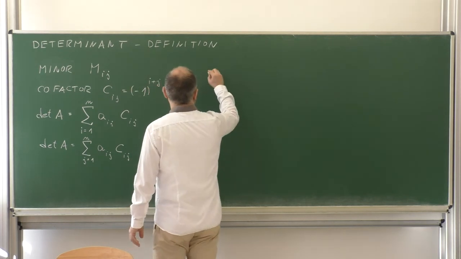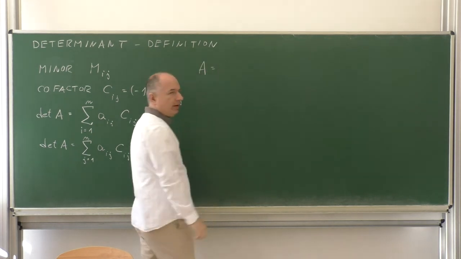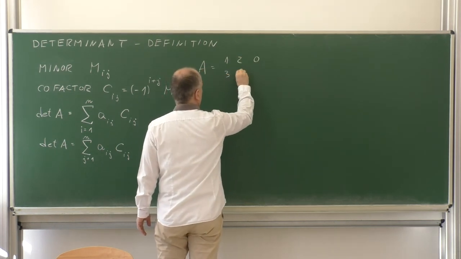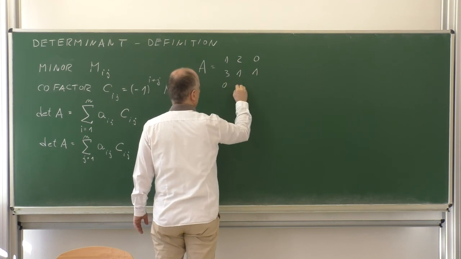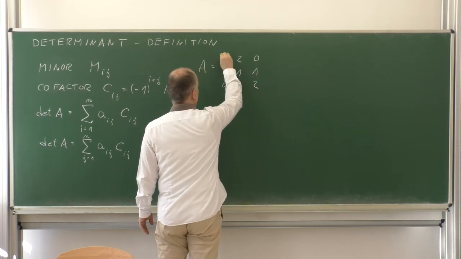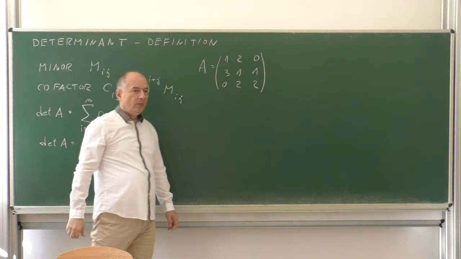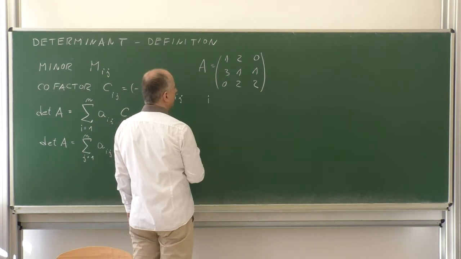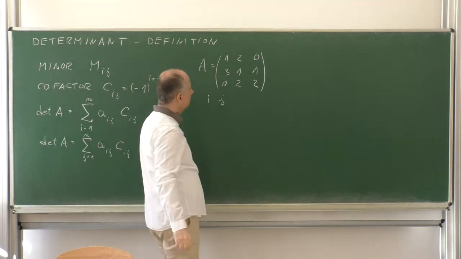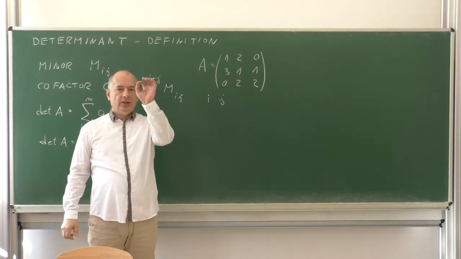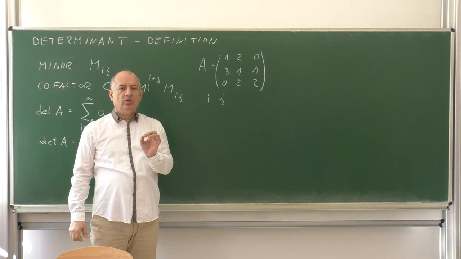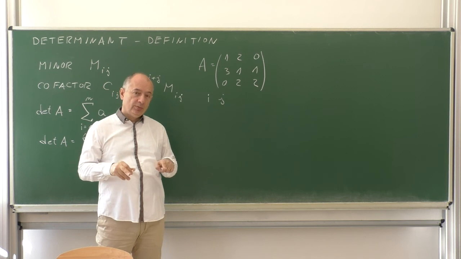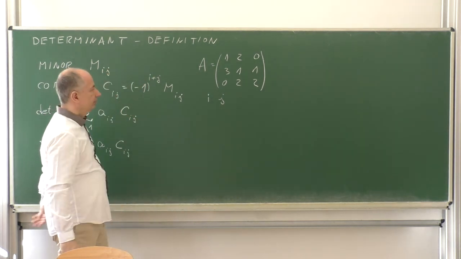If we have a matrix A, say a 3 by 3 matrix, say 1, 2, 0, 3, 1, 1, 0, 2, 2. Then, if you choose one row and one column, and we delete this row and this column, we get a smaller matrix, and the determinant of this smaller matrix is called a minor.